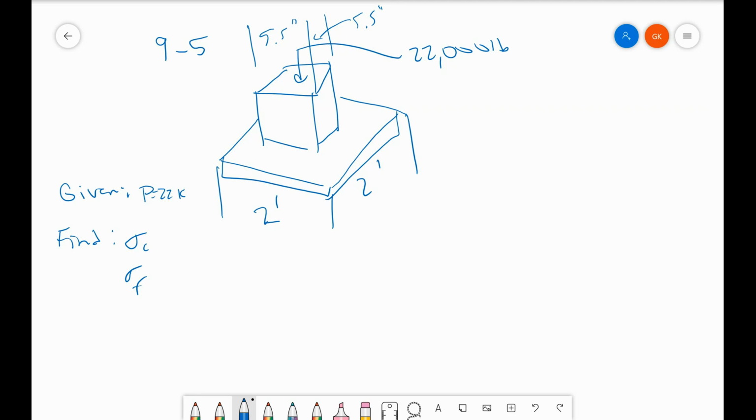Well, bearing stress is different than just your regular stress. Because if you look at it right here, this plane where the two materials interact has two different areas. It's got the area of the column right here, and it's got the area of this big surface. So first you might be confused about which one do I use? What's my area? Well, the area is always the smaller of the two.